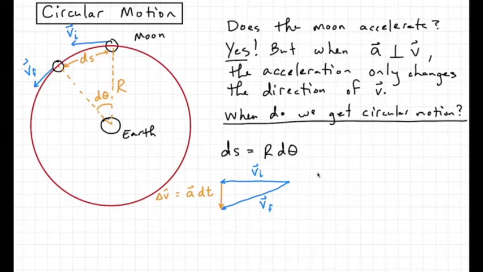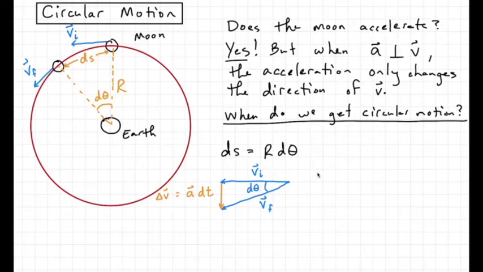But if I do some geometry, I could figure out that this angle is actually d theta over 2. And you can prove that to yourself geometrically if you like. I'll just take it as true for right now. And you can convince yourself that it's true. So this is another triangle.